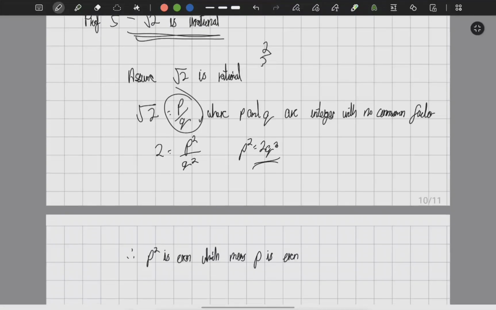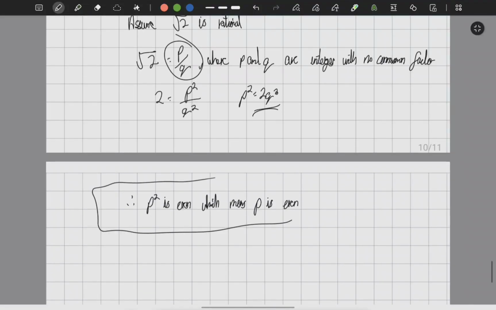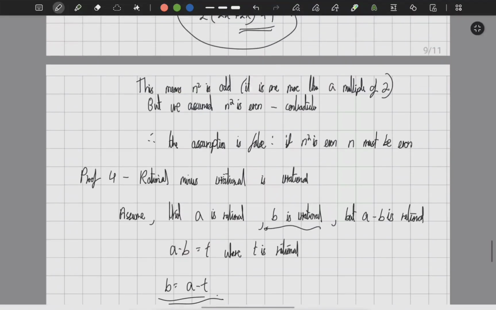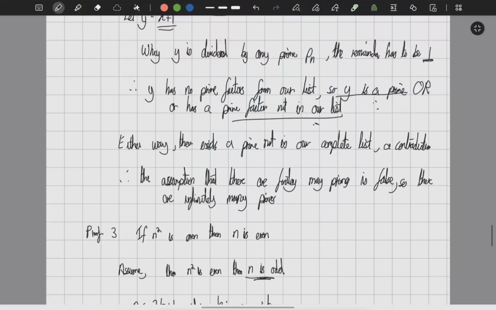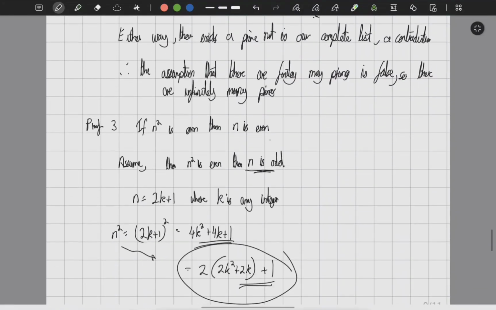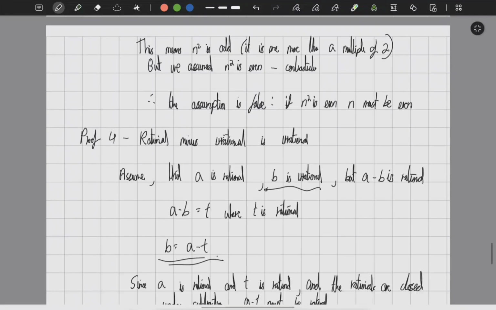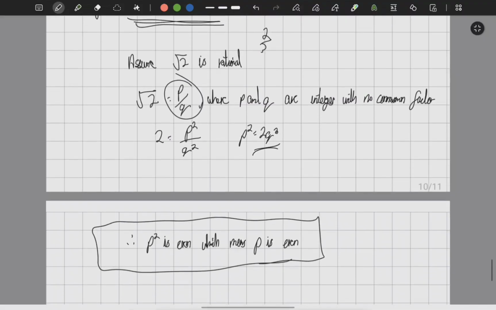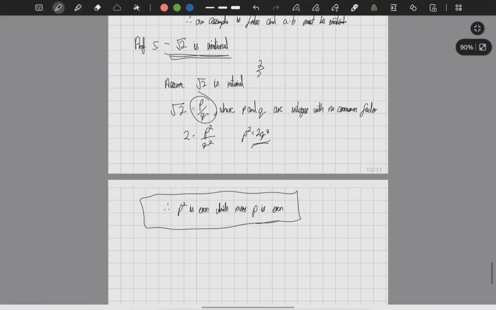This statement is actually our proof 3. Yeah, if n squared is even, then n is even. If you're using a proof in a proof, then you don't have to prove that proof. We just assume that this proof is true.